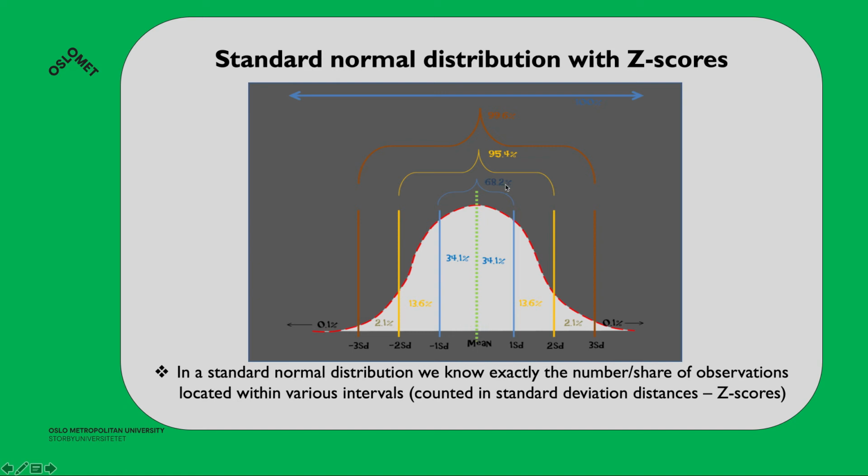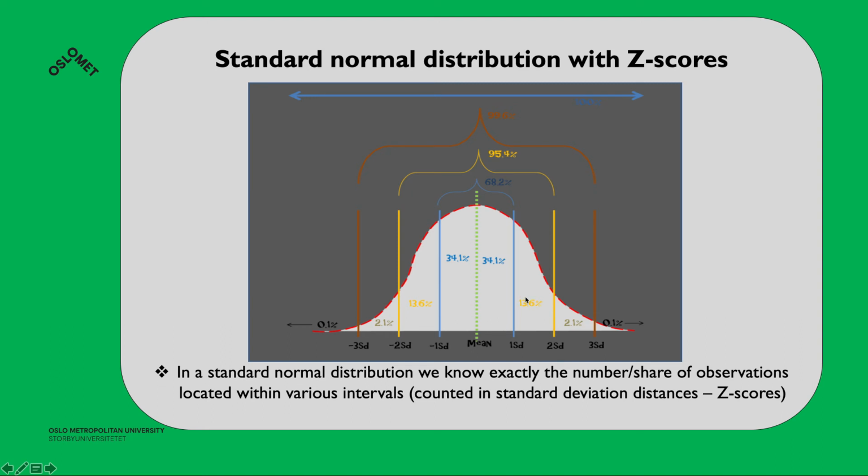68.2% are within 1 standard deviation from the mean. 95.4% are within 2 standard deviations from the mean. But if you are between 1 standard deviation and 2 standard deviations lower than the mean, it's only 13.6% that are in that range. And that also goes for those who are between 1 and 2 standard deviations higher than the mean.